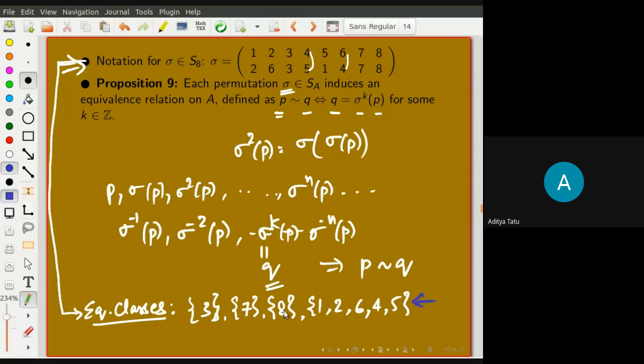In all the orbits, how many orbits are there which have more than one element? It's only this particular orbit here. So therefore, this sigma is a cycle. And what is the length of this cycle? 5.